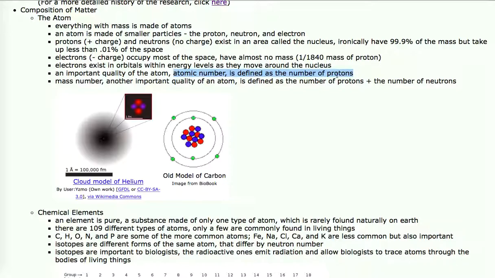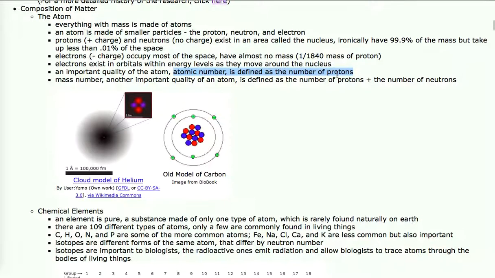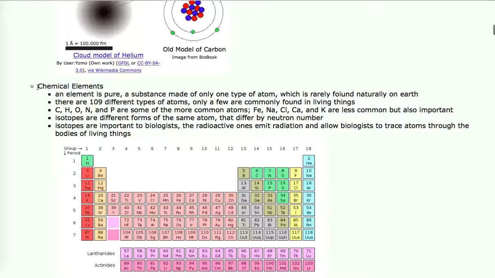So nitrogen has an atomic number of 7, meaning it has 7 protons. Carbon has an atomic number of 6, which means it has 6 protons. The two atoms have very different properties because of the numbers of protons that they have in the nucleus of their atoms. So an element is a material that is made of only one type of atom.